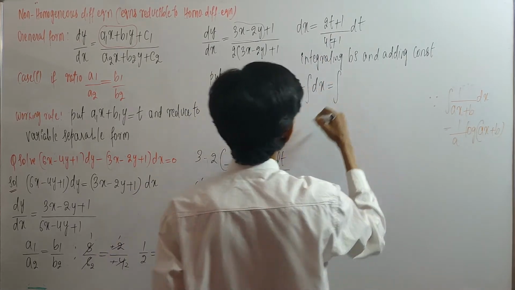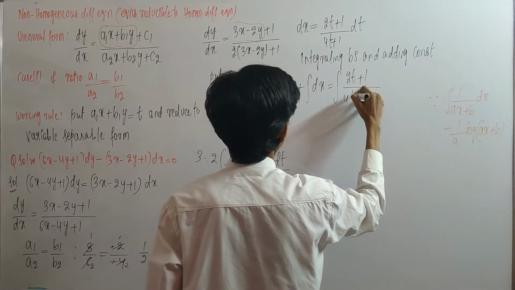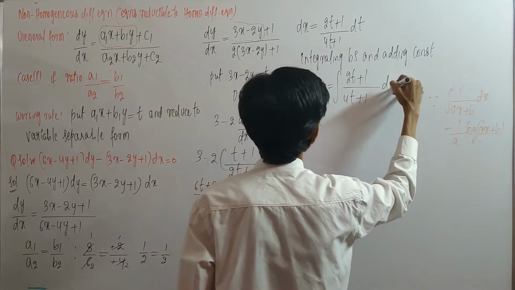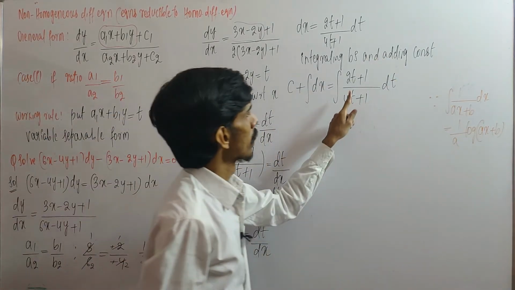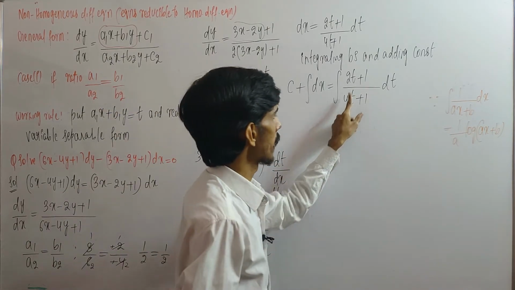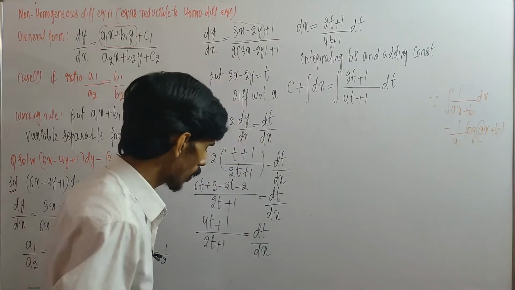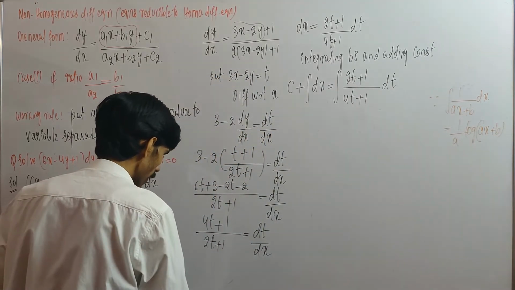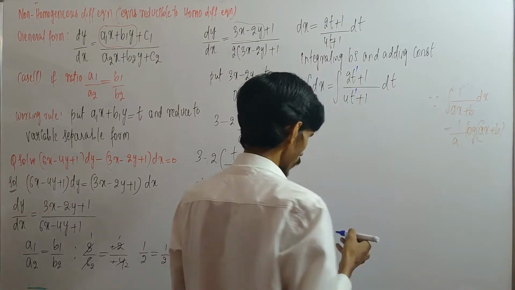Here I will get integration (2t plus 1) by (4t plus 1) dt. Now here the integration is simple, but here we have integration of (2t plus 1) by (4t plus 1). Both numerator and denominator have same power, t power 1, t power 1.